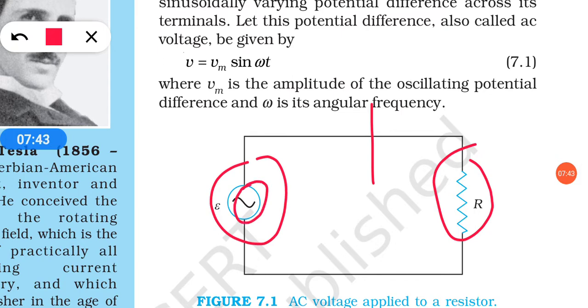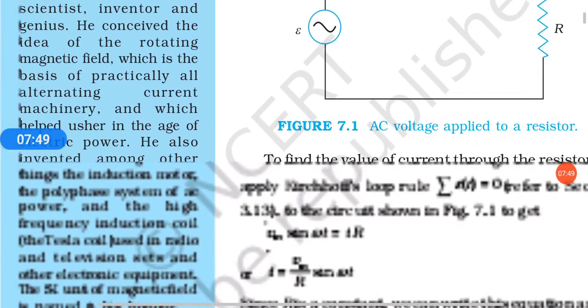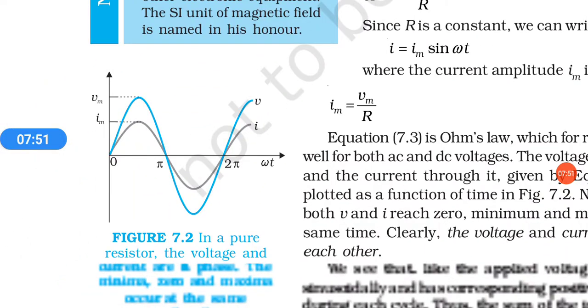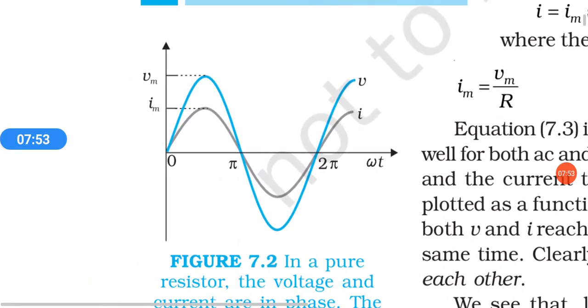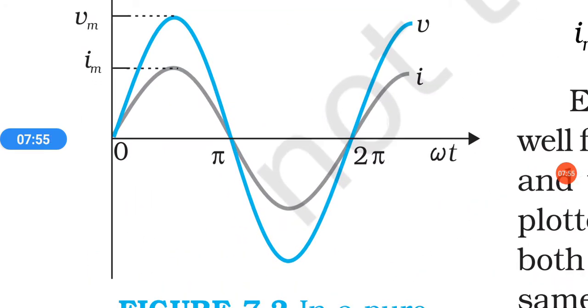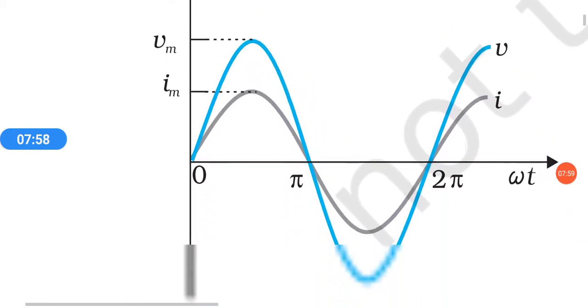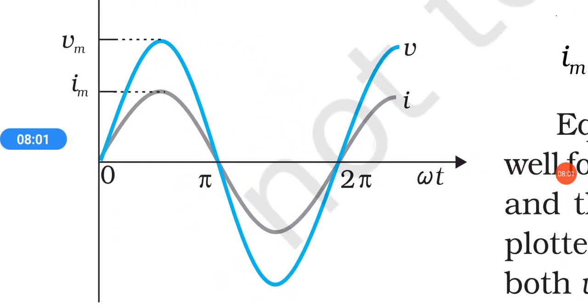This symbol is known as the alternating symbol. Here the phase changes. First one is in phase 1, and second is in phase 2. Whenever we apply alternating current, the phase will be changed.